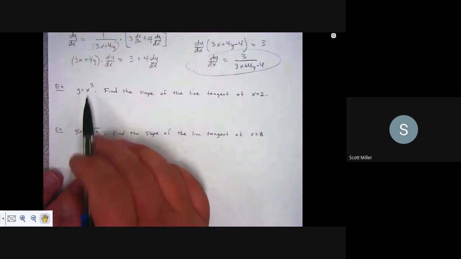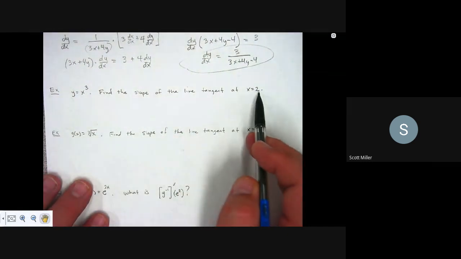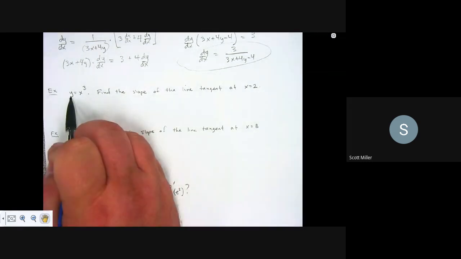Here's an equation, y equals x to the third. I want you to find the slope of the line tangent at x equals 2. As soon as you see I'm asking you to find the slope, that means it is a derivative at 2. So you start off by finding the derivative with respect to x.